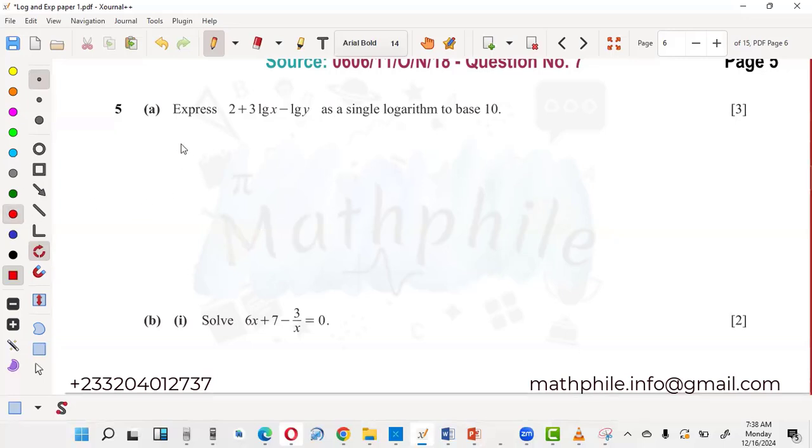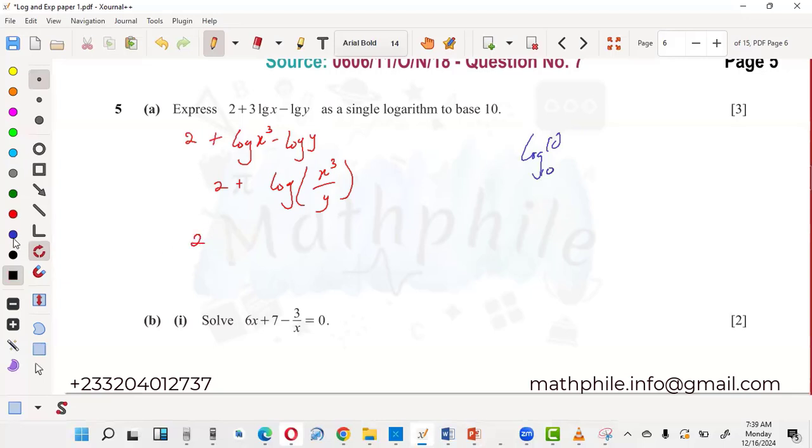Okay, so this is how I would have done it. Because we were told to write everything as a single logarithm, this is the same as writing 2 plus log x cubed minus log y. Then this is 2 plus log of x cubed over y as the argument. But this 2 is not a logarithm, and I know that log 10 base 10 is 1. So I can say that is the same as writing 2 multiplying log 10 base 10.